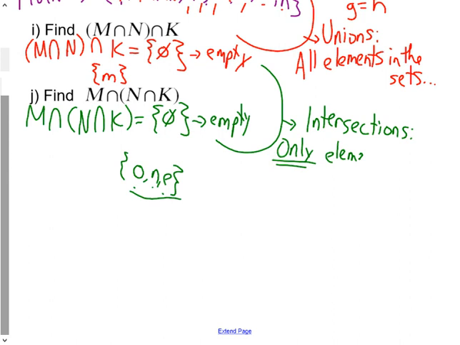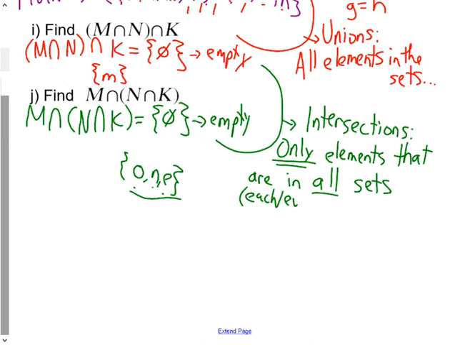So only the elements that are in each set, or in every set, however you want to say that. I'm just going to abbreviate that. The elements are in all sets. So in this case, we didn't have any that were in all 3 of the math, honey, and investor words.